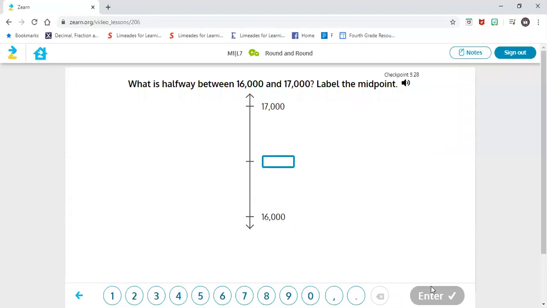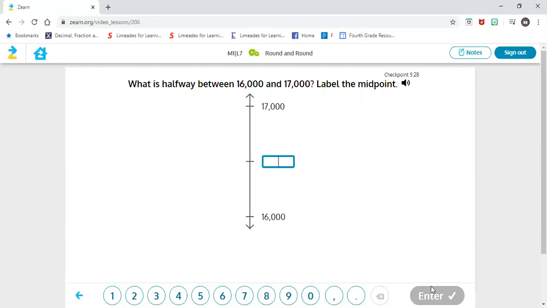Now I'm going to do my halfway point, which is called my midpoint, between the two. If I have 16,000 and I have 17,000, what is the midpoint between that? I'm going to put it in hundreds to help me a little bit.